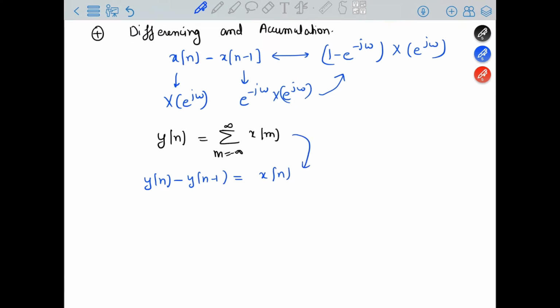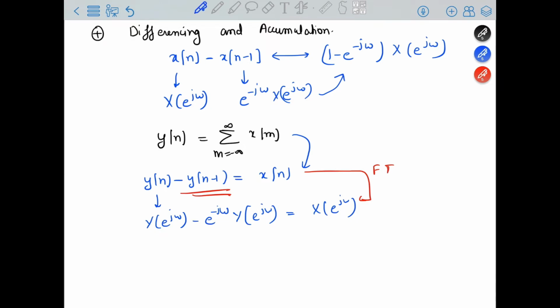Now if we take the Fourier transform of this signal, what we'll get is Y(e^{jω}) minus e raised to the power minus jω Y(e^{jω}). This is because of the time shifting property, and the right hand side will be X(e^{jω}). So this step is basically taking the Fourier transform of this expression.